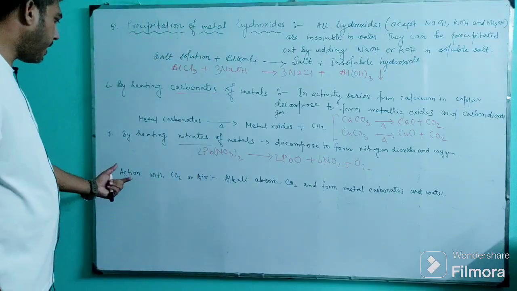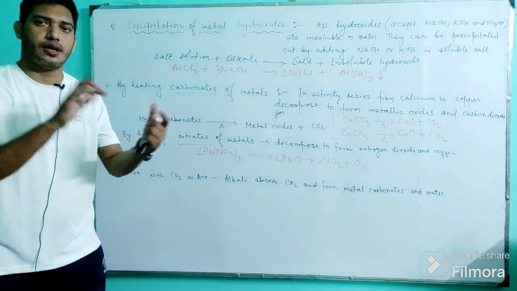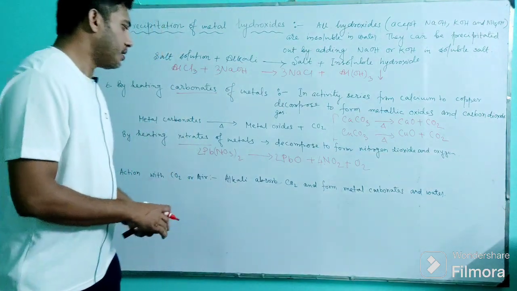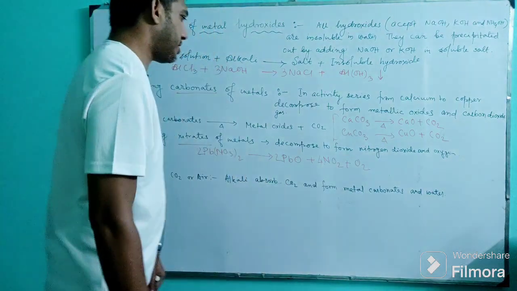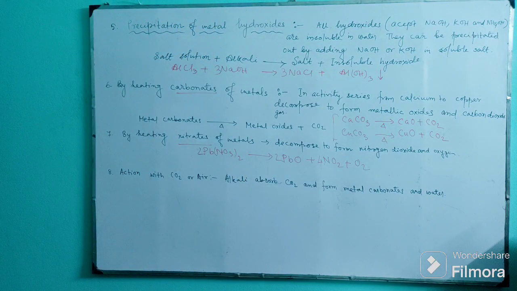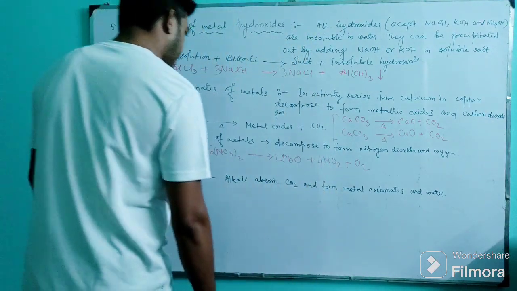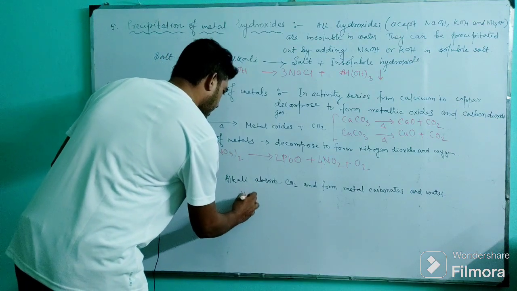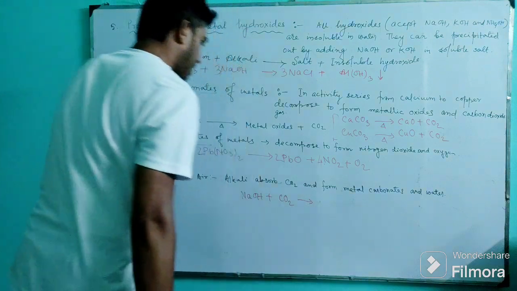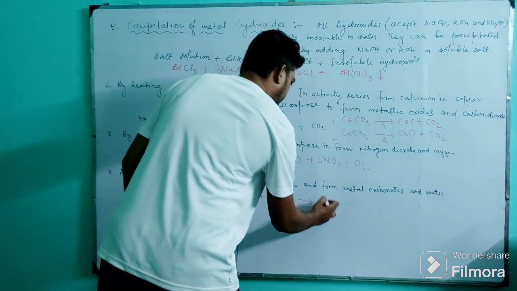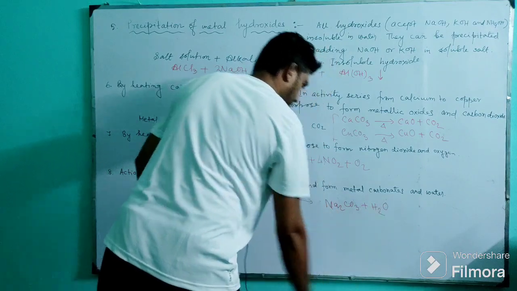Now, action with carbon dioxide or air, when the alkali is exposed to air. At that time the alkali absorbs carbon dioxide and forms metal carbonates and water. Suppose NaOH reacts with carbon dioxide: sodium carbonate, Na2CO3, plus H2O will be formed.